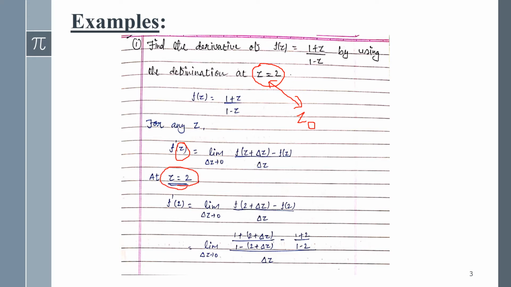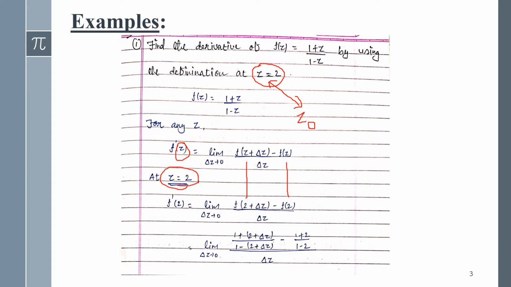So f dash 2 equals limit delta z tends to 0 of f of 2 plus delta z minus f of 2 upon delta z.